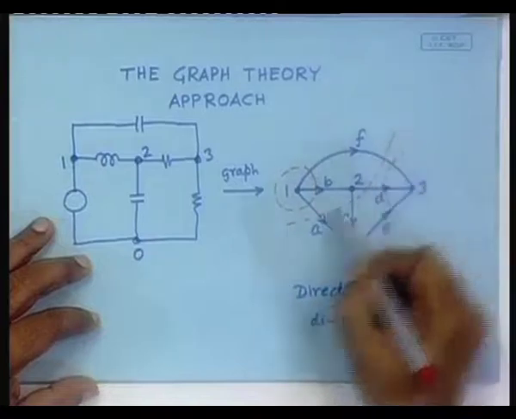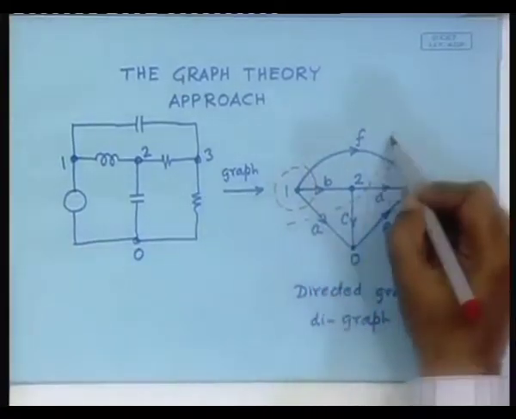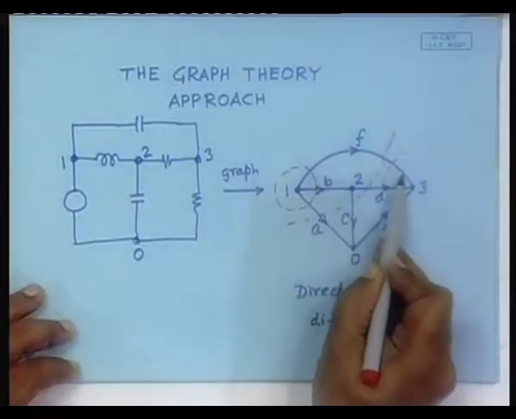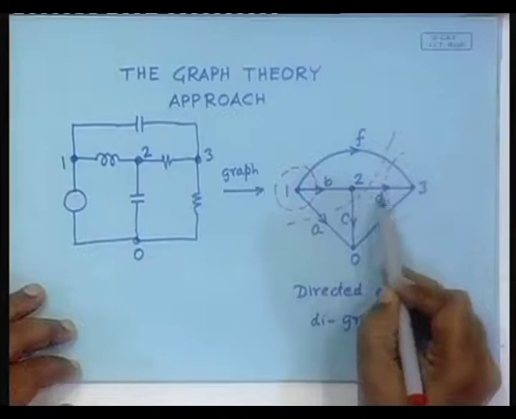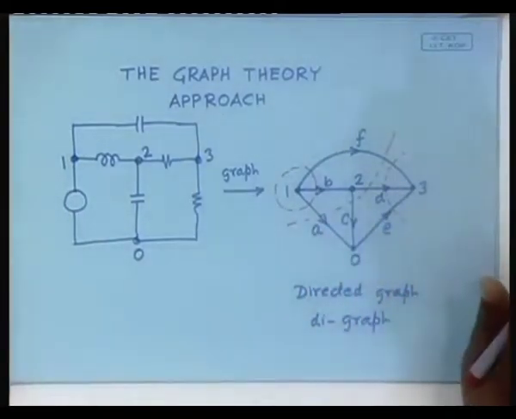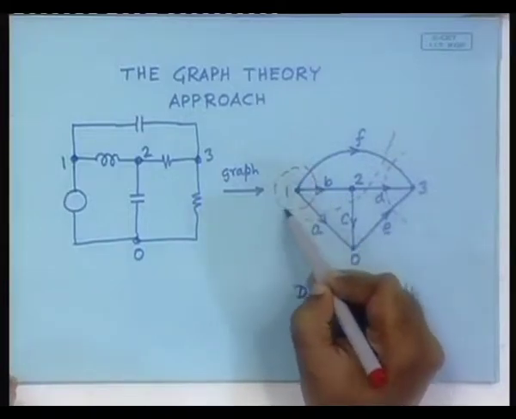For example, here this particular thing, it is not really related to any particular node, but yet we can say that IF plus ID plus IC plus IA is equal to 0, right. But this one is related to one particular node because it is isolating only one node.